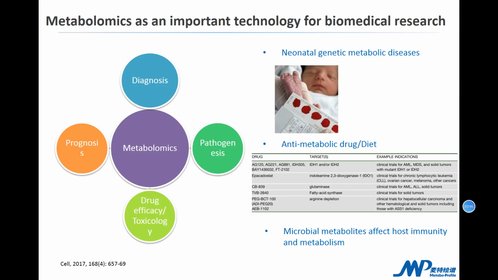Except for drugs, diets also can be used to regulate metabolite levels and improve prognosis. For example, ketogenic diet, Mediterranean diet, low-calorie diet, intermittent fasting, and diets depriving of certain nutrients, including treating tumors by depriving methionine.